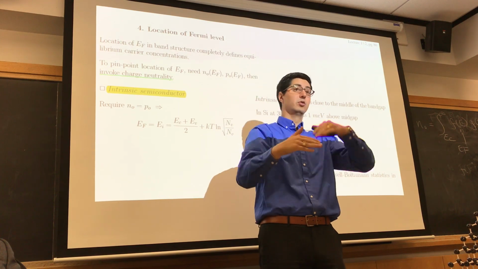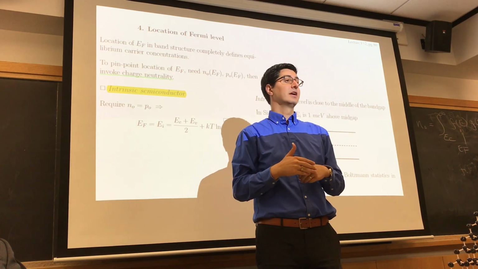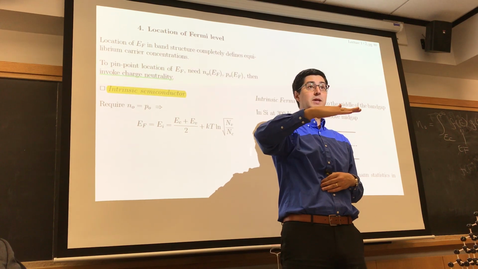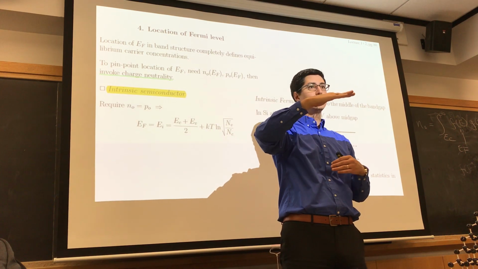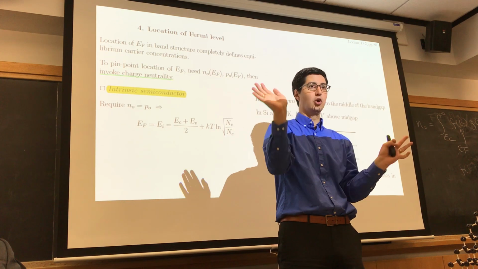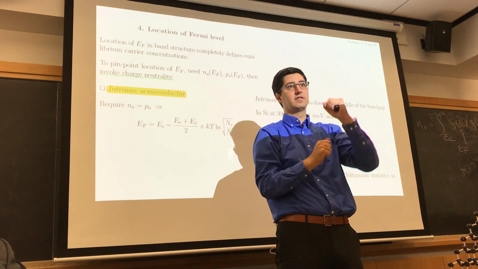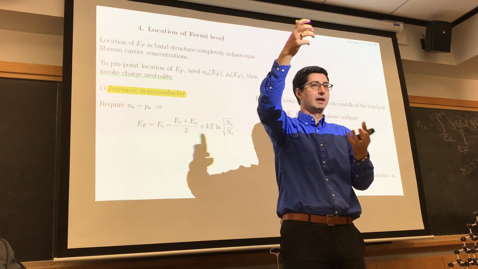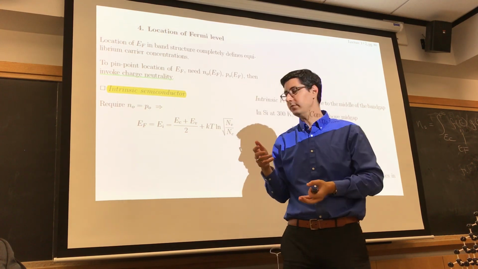If they're equal, it will be right in the middle. If I have a lot more states in the conduction band, then my Fermi level has to be lower so that I have the same number of electrons and holes, because that's what intrinsic means. I didn't put any dopants in there, so the number of electrons and holes has to be the same, because if I knock an electron up, I leave a hole behind. I can't have more than the other.